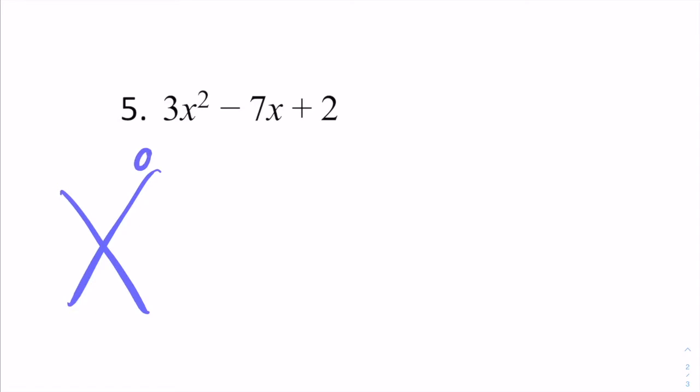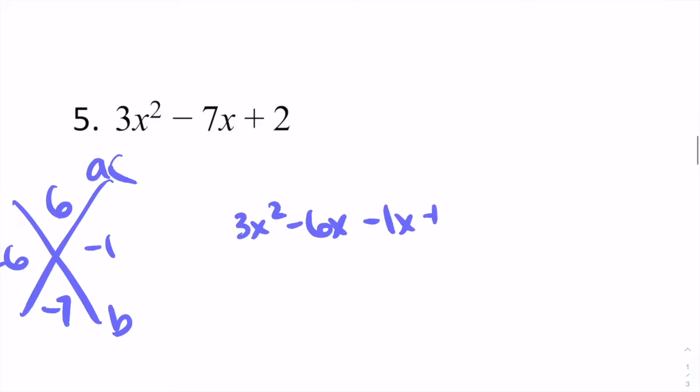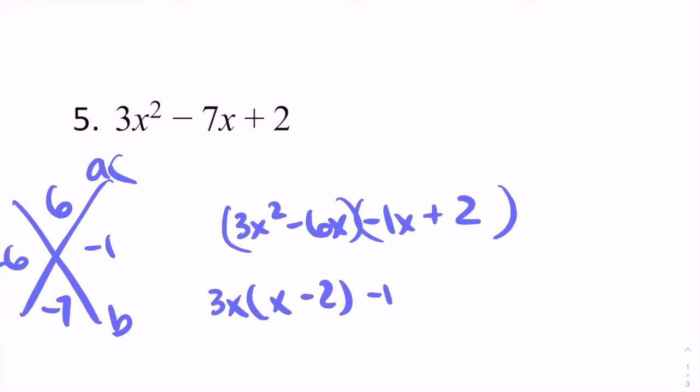A, c, b, so you have 6, negative 7, negative 6, negative 1. 3x squared minus 6x minus 1x plus 2. I don't want to make the same mistake again. Factor by grouping, you get 3x, x minus 2, negative 1, x minus 2, so you get 3x minus 1, x minus 2.